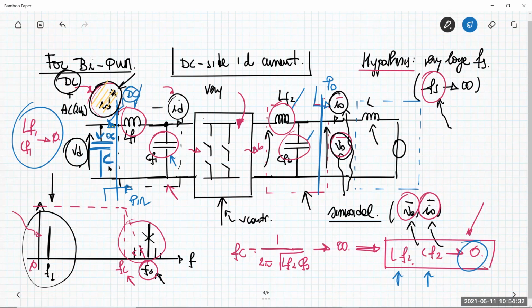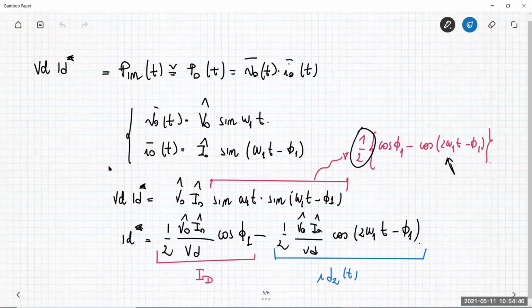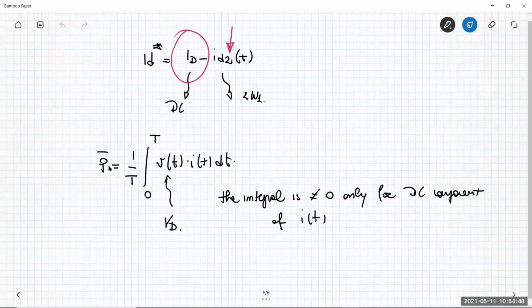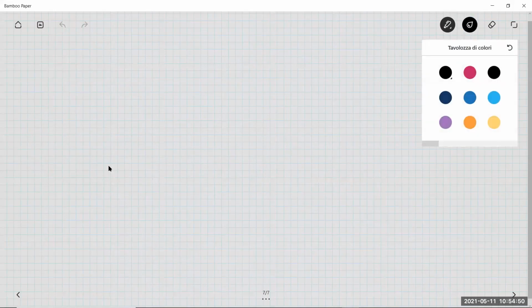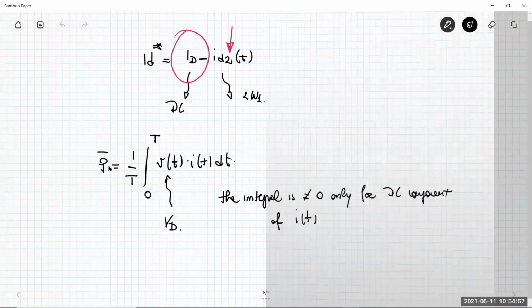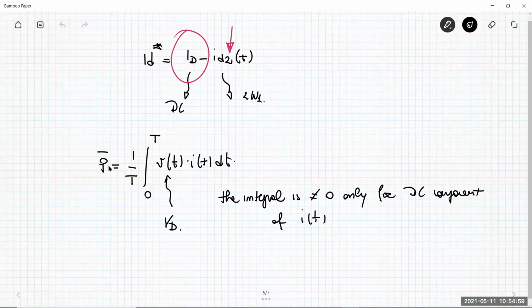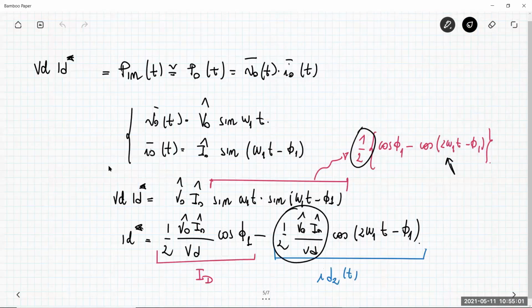So the filter that you can have here, so basically this capacitor, should be designed in order to absorb this AC current flowing from the input side, which is the peak value of this ID2 current here. The peak value is this characteristic here.